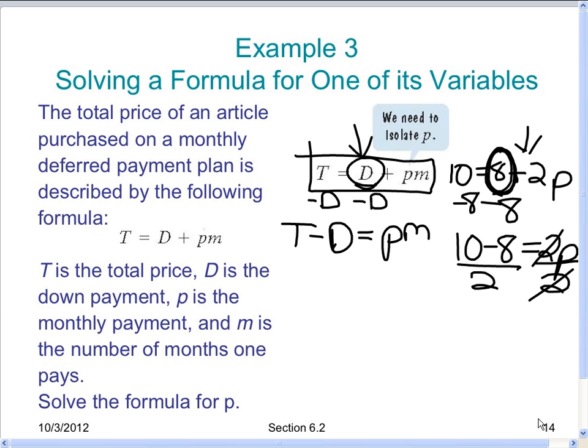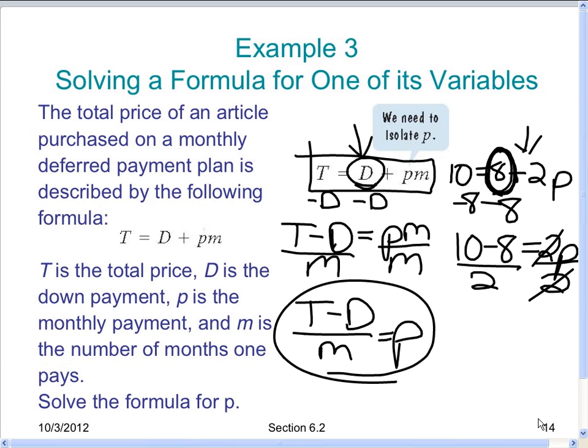Well, I have p times m. What's the opposite of times? It's divide. And your final answer. So the exact same steps you would use if there were numbers is the exact same steps you're going to use just because they're letters. It doesn't matter. Numbers or letters, the process is the same.